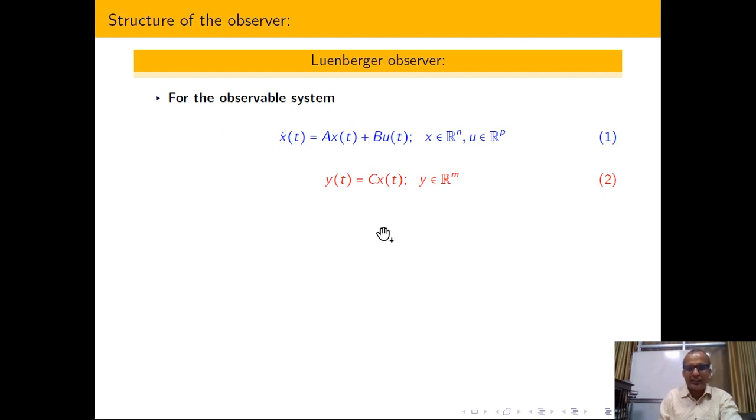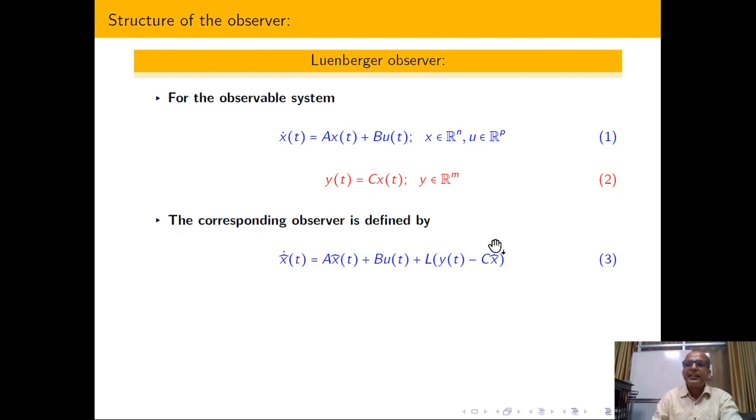So I am not going to discuss that. I am assuming the system is observable; only then can I guarantee that from the partial state information I am able to recover all the state information, and I am going to define the observer like this.